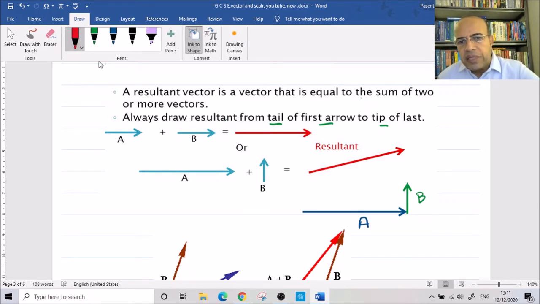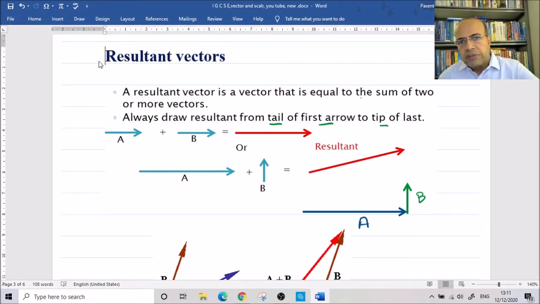It is a vector starting from the tail of the first to the tip of the last. So this is called the resultant vector.